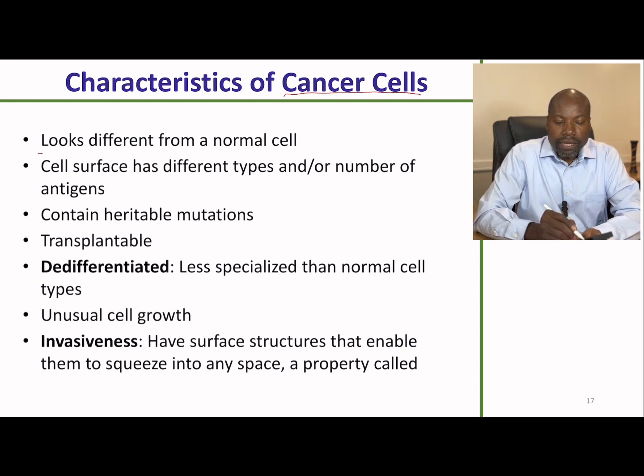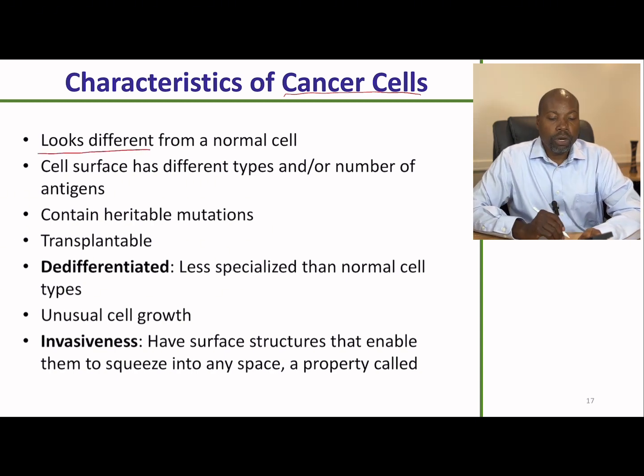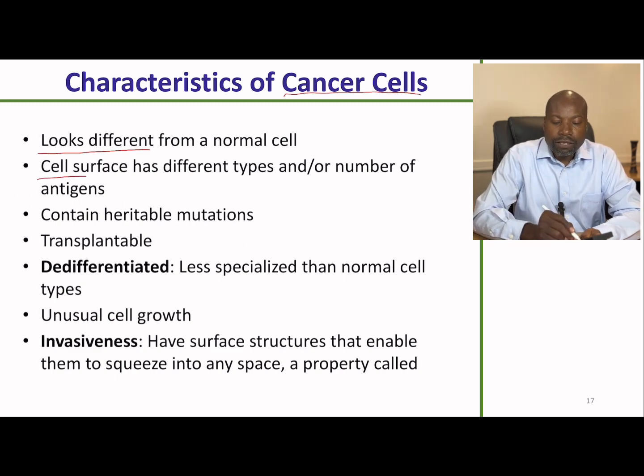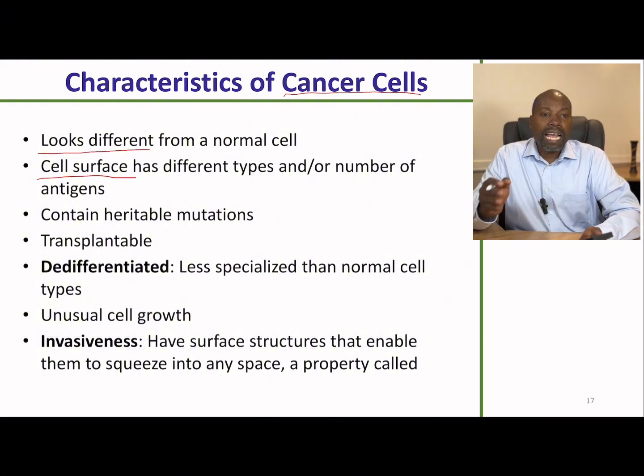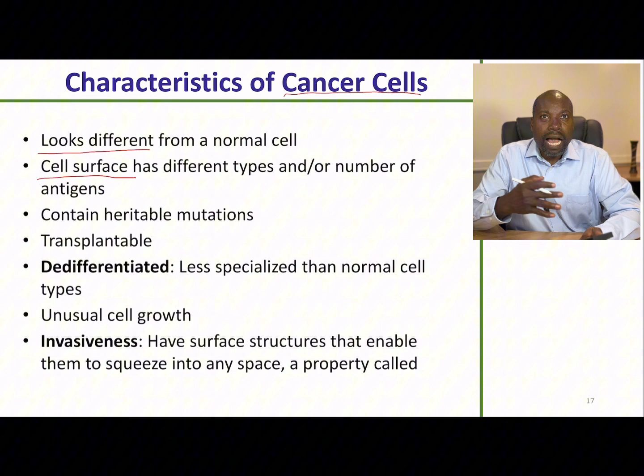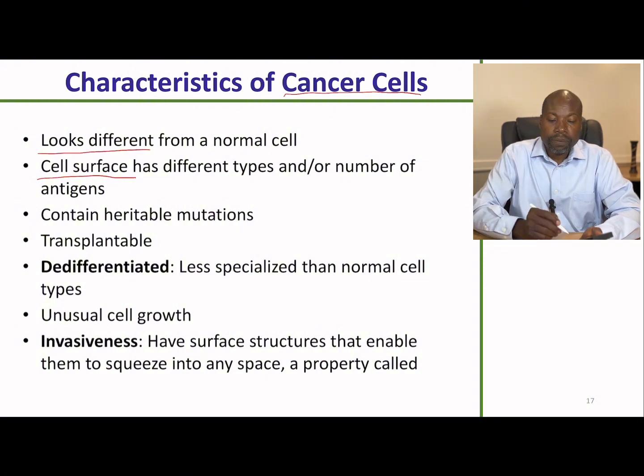So they look different from normal cells. That's something you have to remember. The second thing is that the cell surface is going to have different types of antigens or a difference in the number of antigens. So the quantity and the quality can be different as we compare it to normal cells.